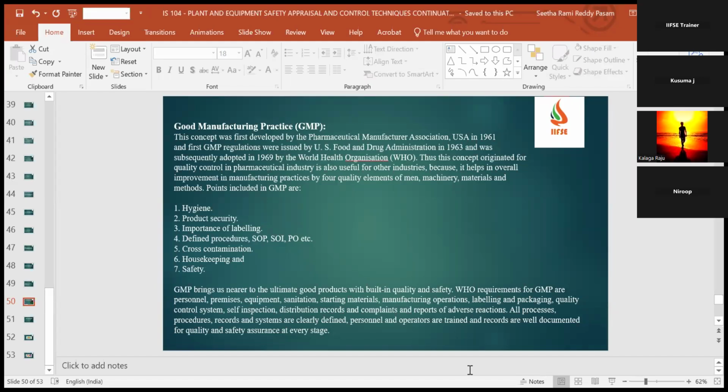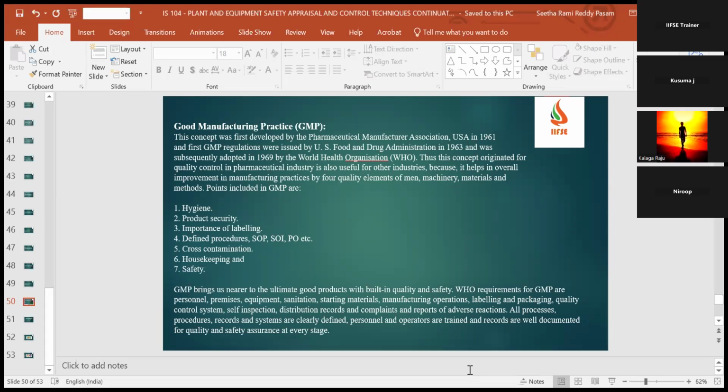It was developed by the Pharmaceutical Manufacturer Association, USA, in 1961, and the GMP regulations were issued by the USA Food and Drug Administration in 1963, and sequentially adopted in 1969 by the WHO. Developed in 1961, issued in 1963, and accepted by WHO in 1969.